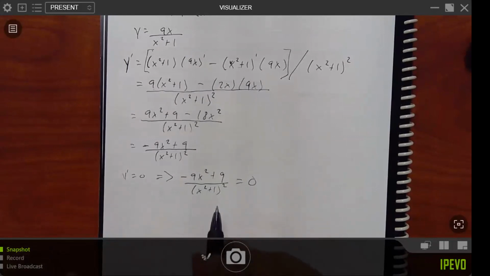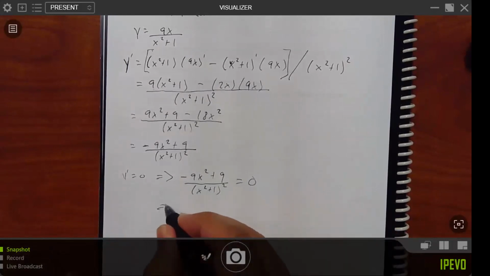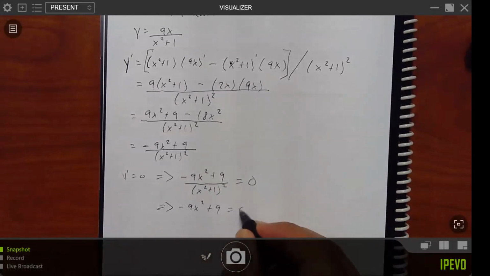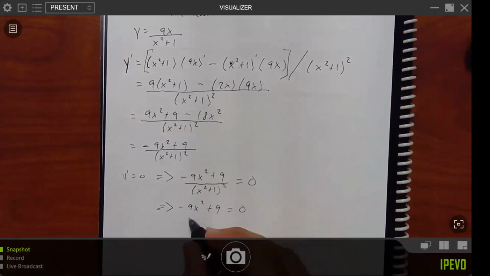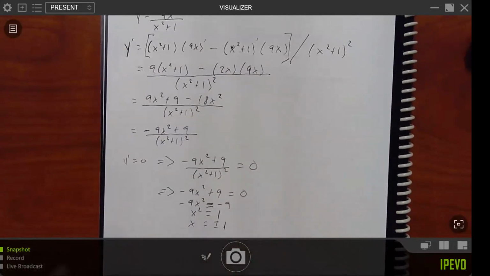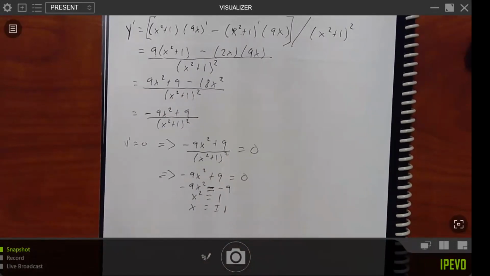So the only way this will be 0 is when the numerator is equal to 0. So solve for x. So yeah, two critical numbers.